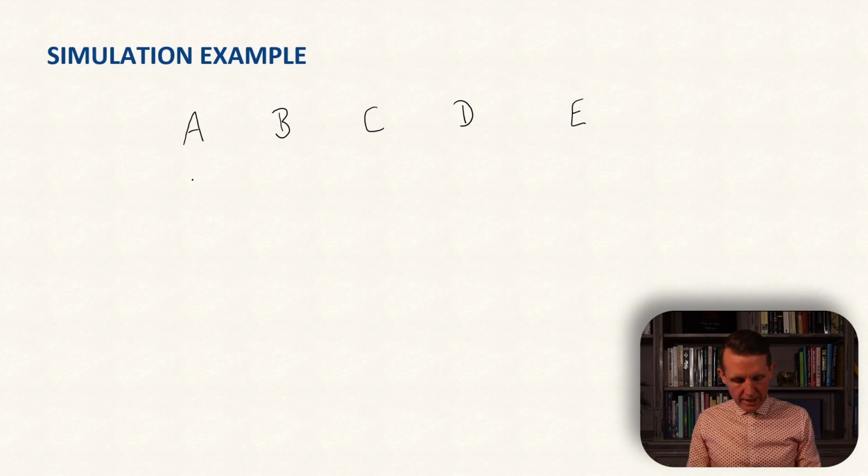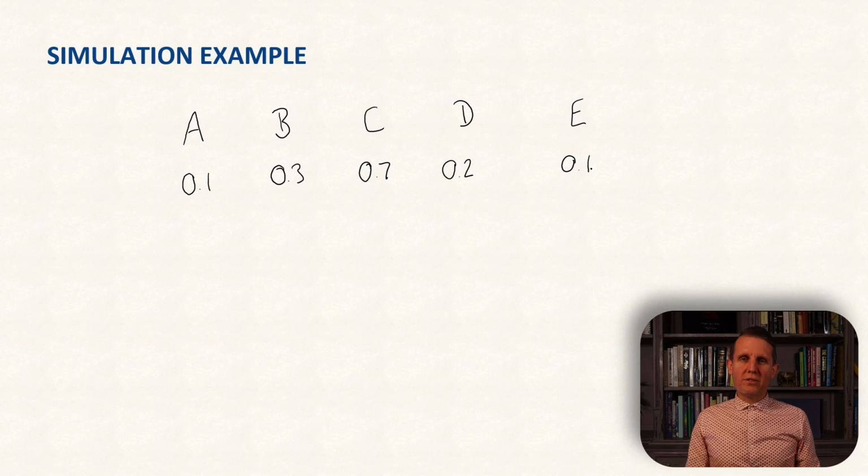So for example, action A gives a reward of 5 with probability 0.1 and a reward of 0 with probability 0.9. Action B gives a reward of 5 with probability 0.3. Action C, 0.7. Action D, 0.2, and action E, 0.1.